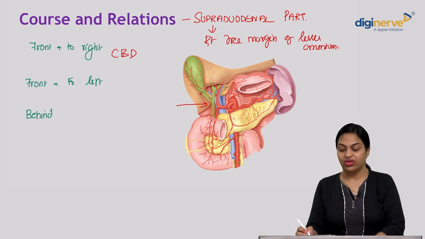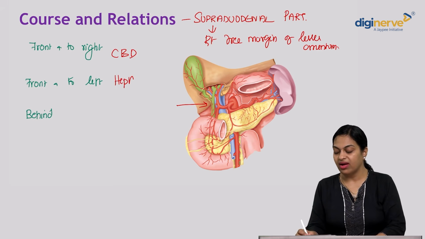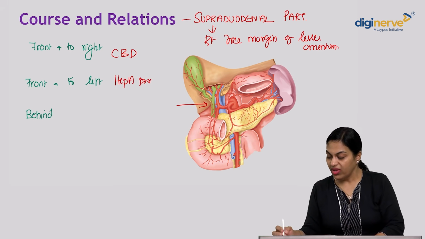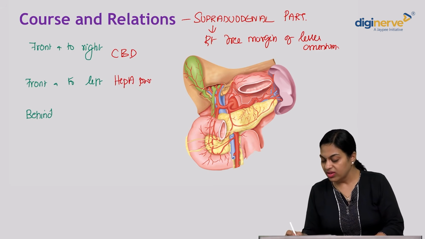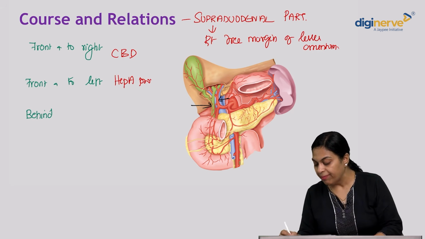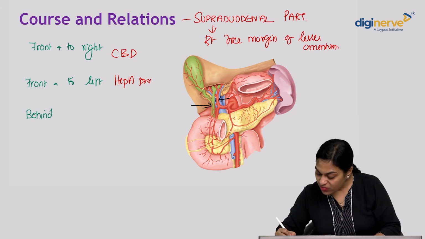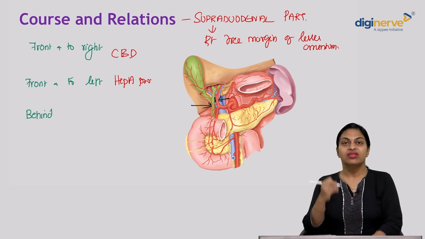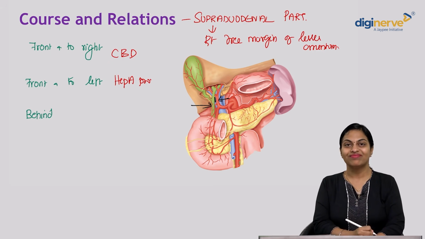To the front and to the left of it will be the hepatic artery proper. Okay, can you appreciate this green colored one here? That is the common bile duct on the right. This is the hepatic artery proper. This blue one that you see here, that's the portal vein.